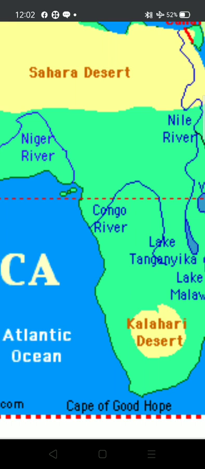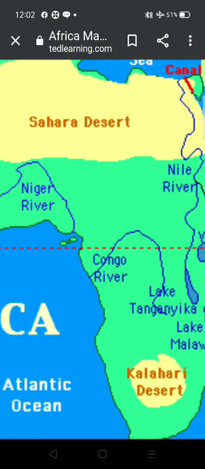The largest desert in the world is the Sahara Desert, children. You can see the Sahara Desert here. Most of the northern part of Africa is covered by it. It acted as a natural barrier for the European explorers to get into Africa. It is very difficult to cross.